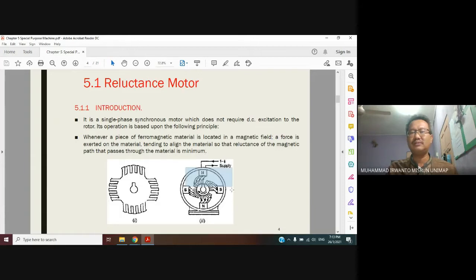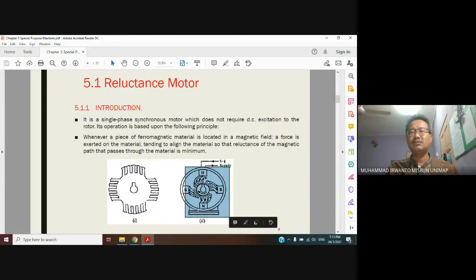Look at this one. When it is supplied by one single phase, it will produce four poles, two north and two south. The rotor is constructed with a salient squirrel cage, which is the type of the rotor here.